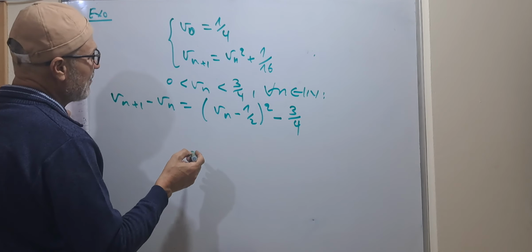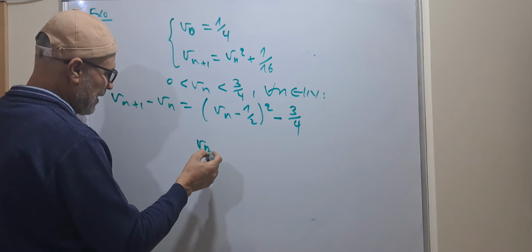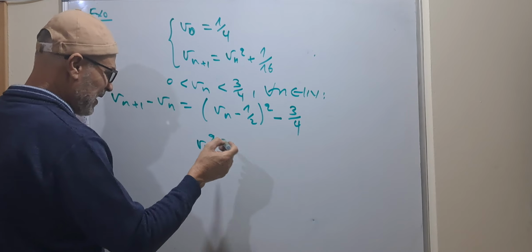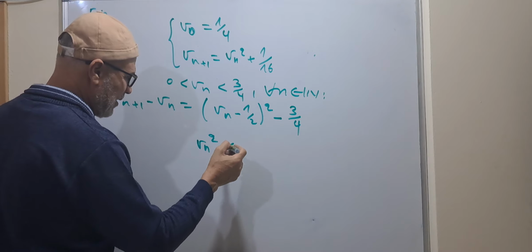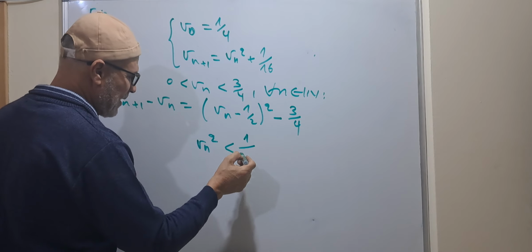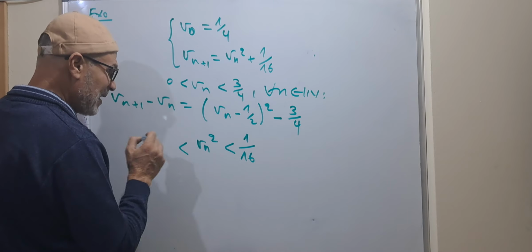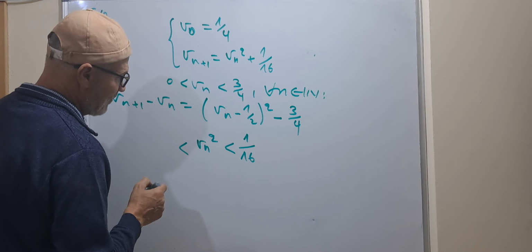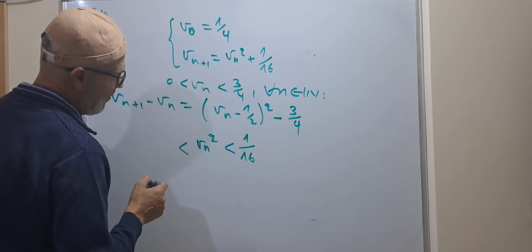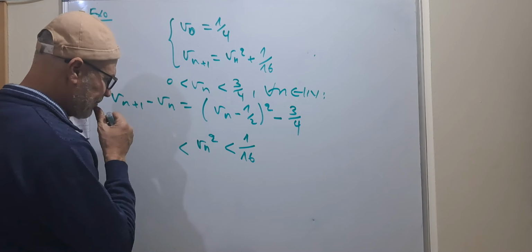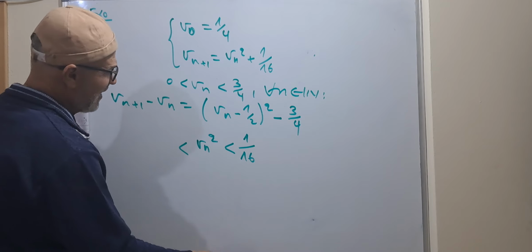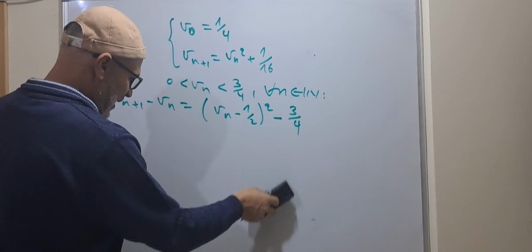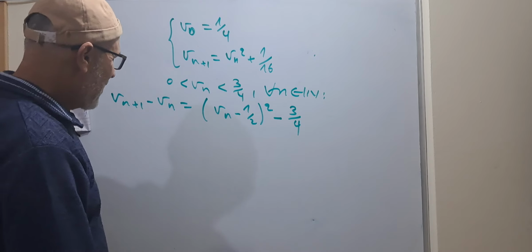Since we have Vn square between 1 over 16 and 3 over 4. It seems that I struggle here.